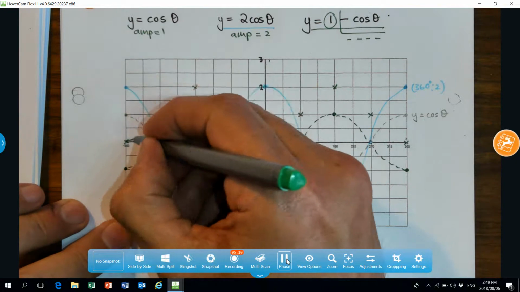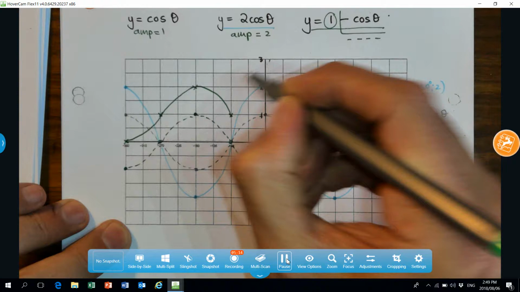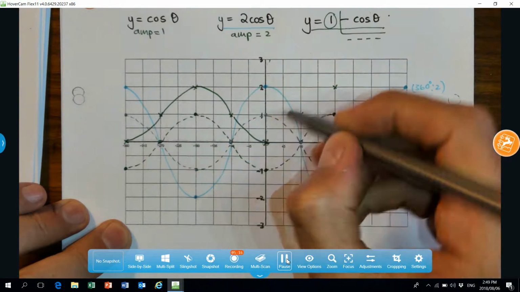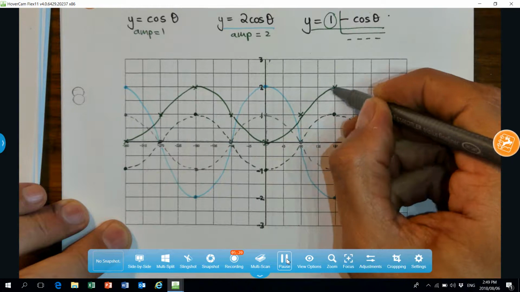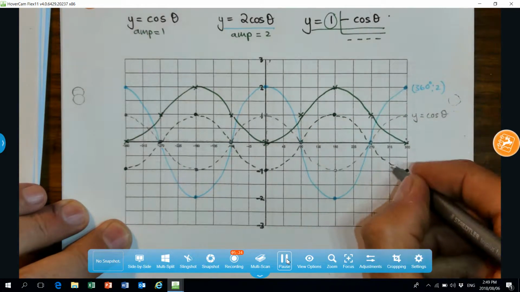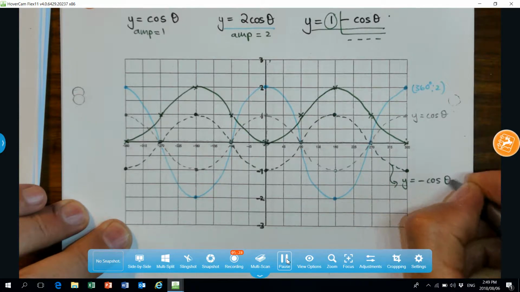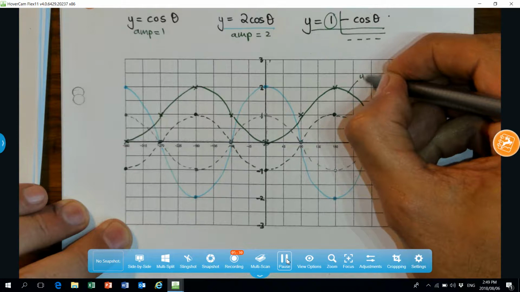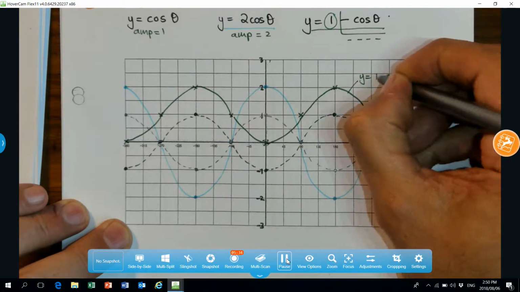So now finally I can draw it in a solid form, because this is the transformed curve that represents 1 minus the cosine of theta. This one here was y equals minus cos theta, and this one here is y equals minus cos theta plus 1.